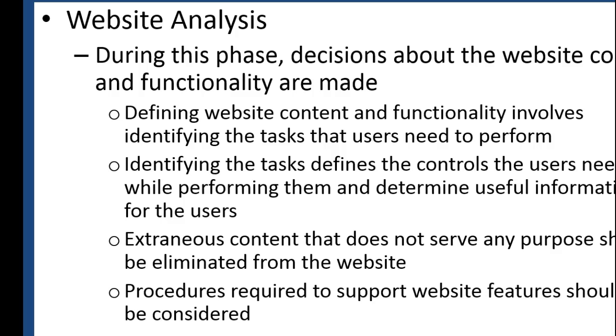To help define the appropriate website content and functionality, you first need to identify the tasks that the user needs to actually perform. Identifying those tasks will allow you to define the controls users need to perform those tasks and determine useful information for your users. In the analysis phase, you can also consider the procedures required to support the website features.